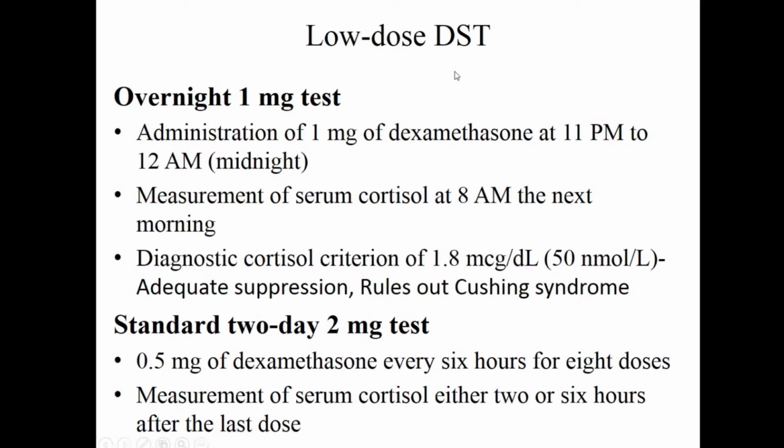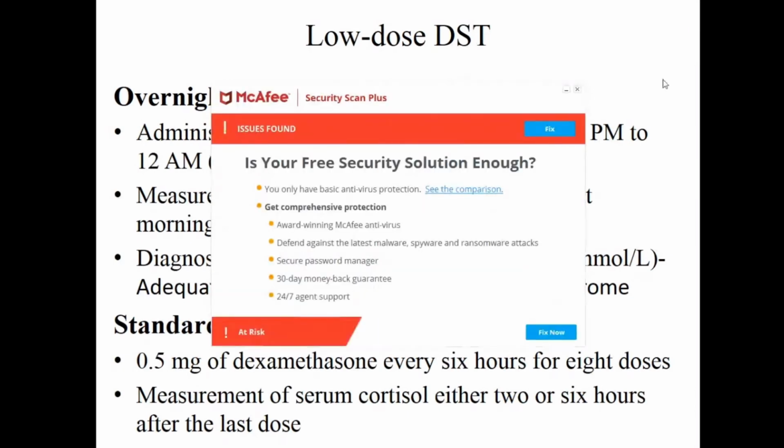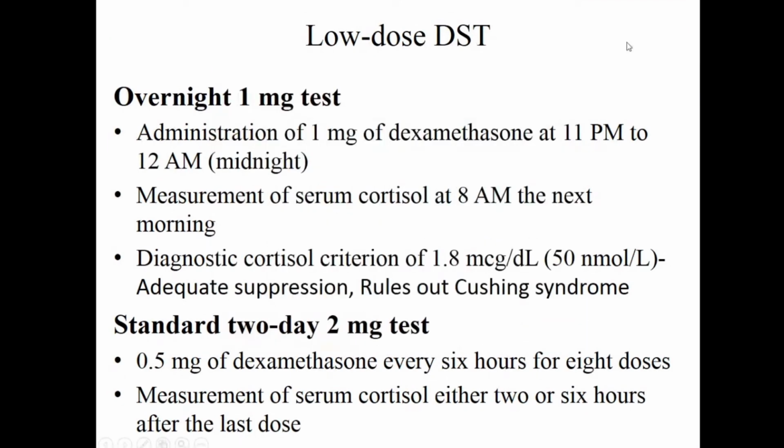Note this point, very important: I'm repeating, for the diagnosis of Cushing syndrome, only the low-dose dexamethasone suppression test is used. However, the high-dose dexamethasone test is used to find out the cause of the increased cortisol, but not for the diagnosis.